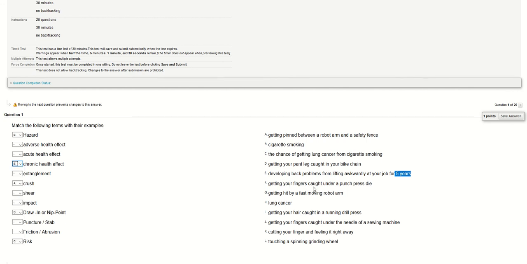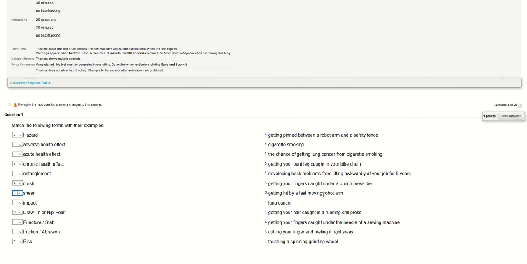Getting your fingers caught under a pinch press die. That is going to be a shear. So that would be like a cutting motion. That would be a shear.